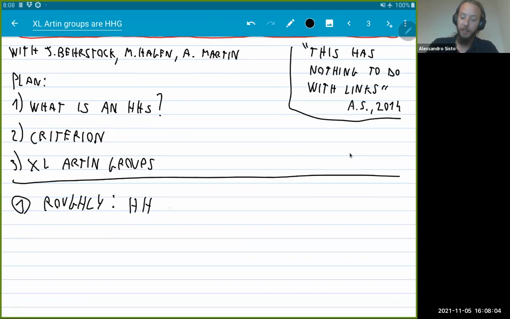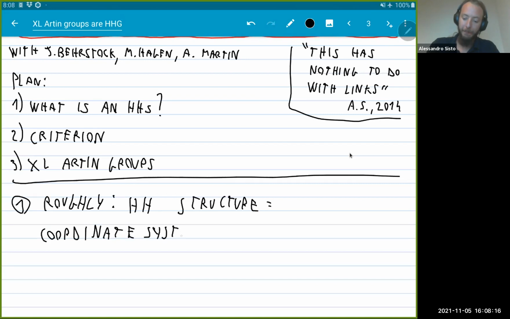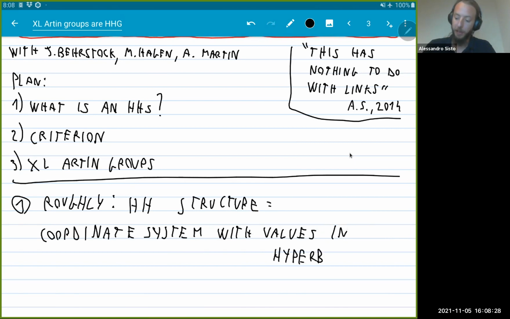A hierarchically hyperbolic structure on a metric space is some kind of coordinate system where the coordinates take values in hyperbolic spaces in the sense of Gromov.